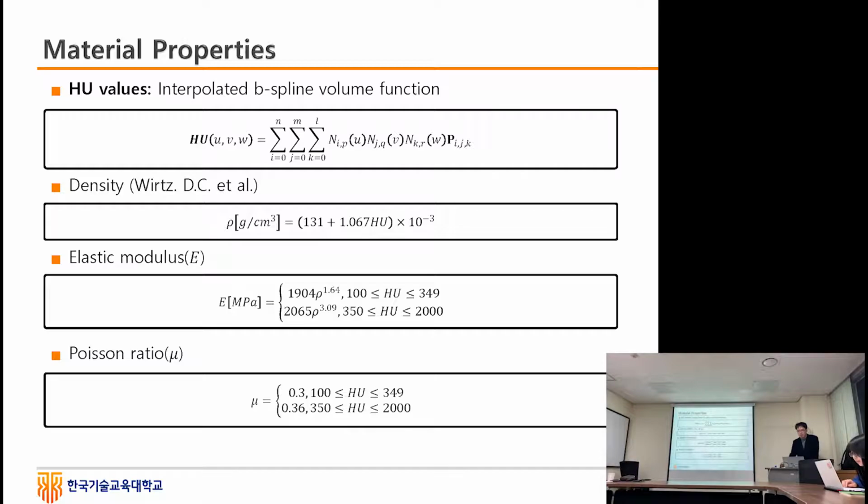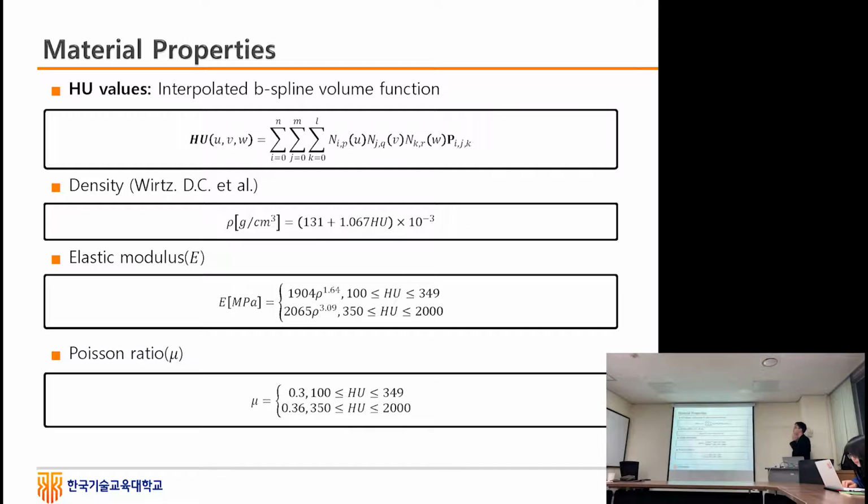However, the B-spline volume function that I formulated has only HU values of CT images. However, the HU values are closely related to the density. Some researchers studied how to convert the HU value into density, so we can convert the HU value into density using this formula.